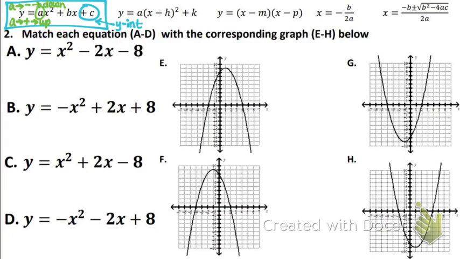Looking at our graphs, do we have any that are down like a frown? G is down. E is down. So this one opens down. Do any of the others open down? F opens down.